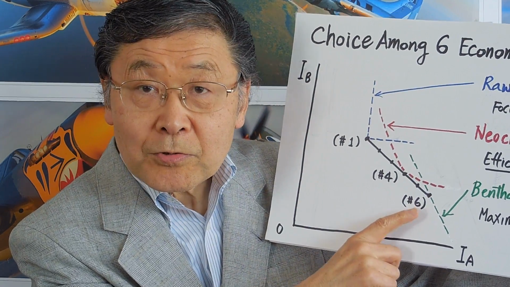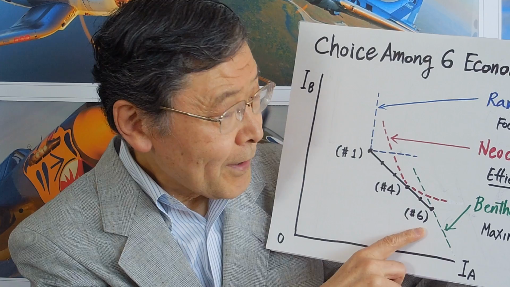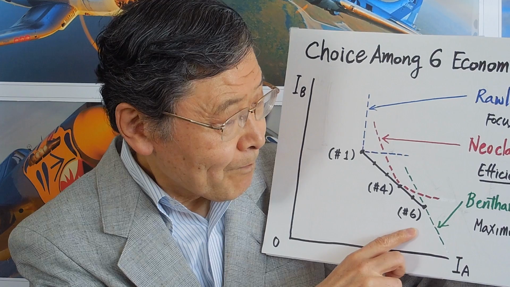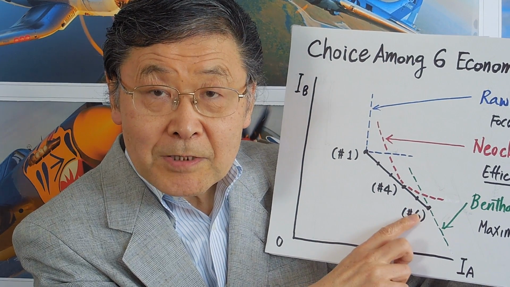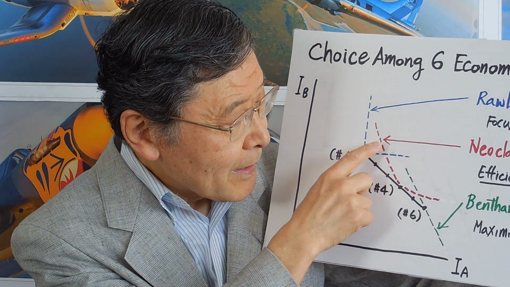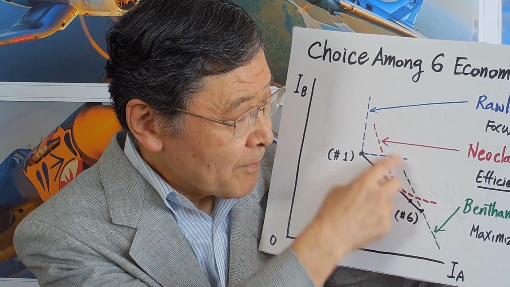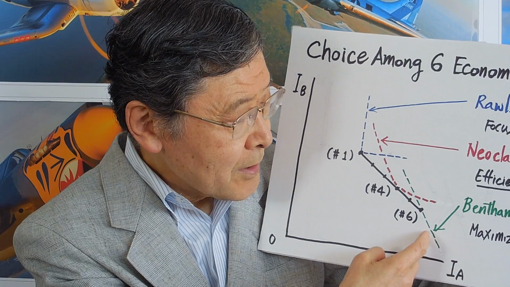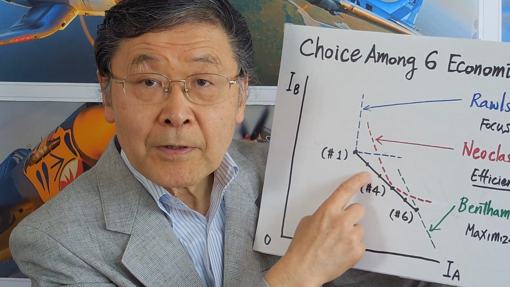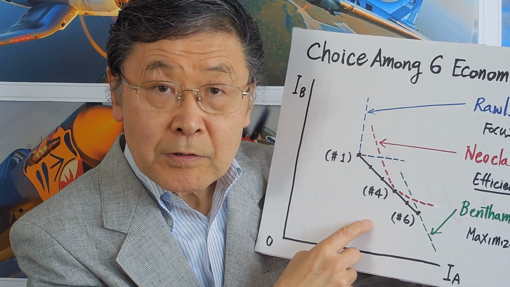On the other hand, those who pick number 6, the extreme case, where the total income is maximized, but it's most unequal, then these students may likely be having a Benthamian social welfare function. That's the 45-degree line indifference curves, which hit this corner, and any point on the straight line will be on lower indifference curves, giving a lower social welfare level.